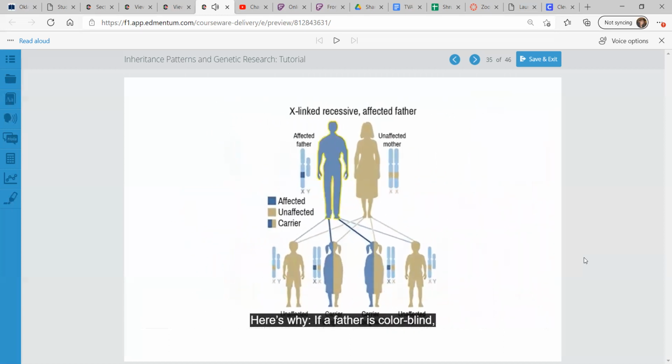Here's why. If a father is colorblind, he has the recessive gene on his X chromosome. If the father has a son, the child won't have colorblindness because the father will pass on his Y chromosome. If the father has a girl, she will be a carrier for the genetic mutation. She will receive his X chromosome, but she won't be colorblind because she receives another dominant gene on the X chromosome from her mother.